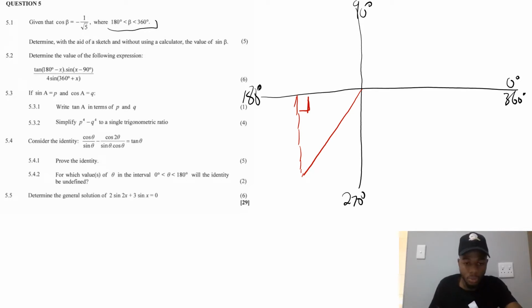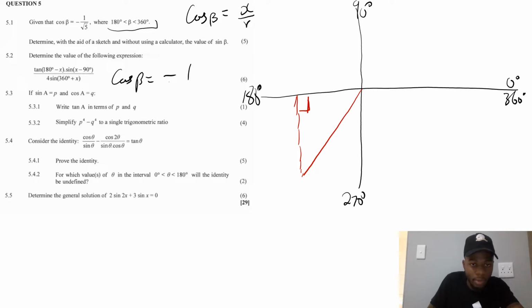Okay, so let's start. We know the ratio of cos, cos beta, is given by x over r. Because we have cos beta equal to -1 over root of 5, obviously this root of 5 is our r, or hypotenuse.